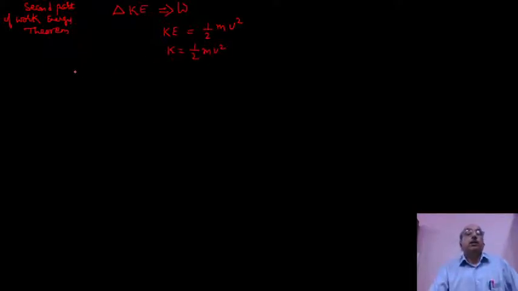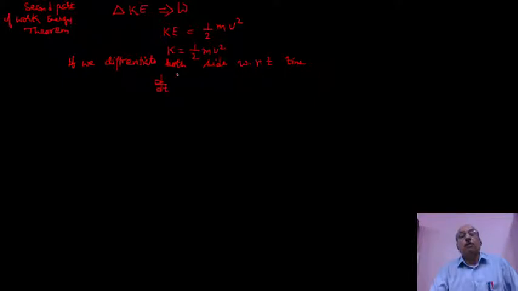Now if we differentiate both sides with respect to time, then we will have d/dt of kinetic energy is equal to d/dt of half m v squared.